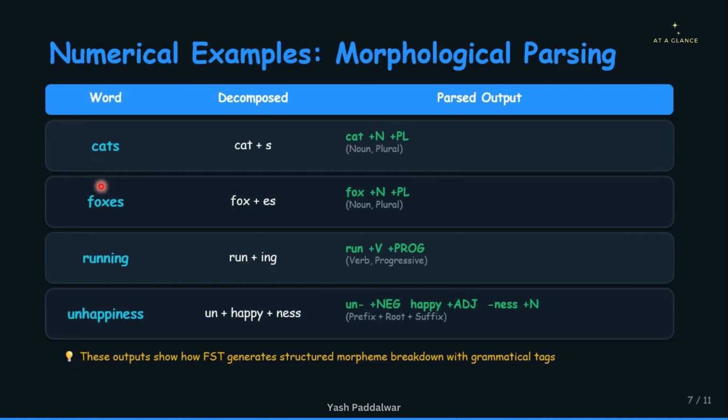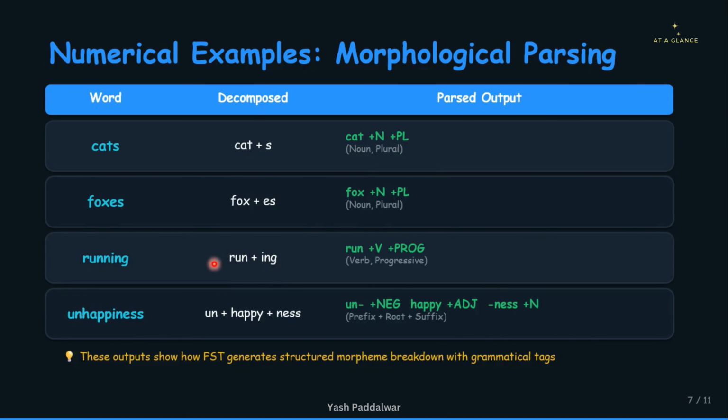Next, foxes gets converted into fox plus es. Multiple possible outputs could be there, like foxe plus s, but this is chosen based on certain rules defined. This output then further gets converted to the morphological tags fox plus n, which represents the noun, plus pl, which represents the plural form. Next, the word running gets decomposed to run plus ing.